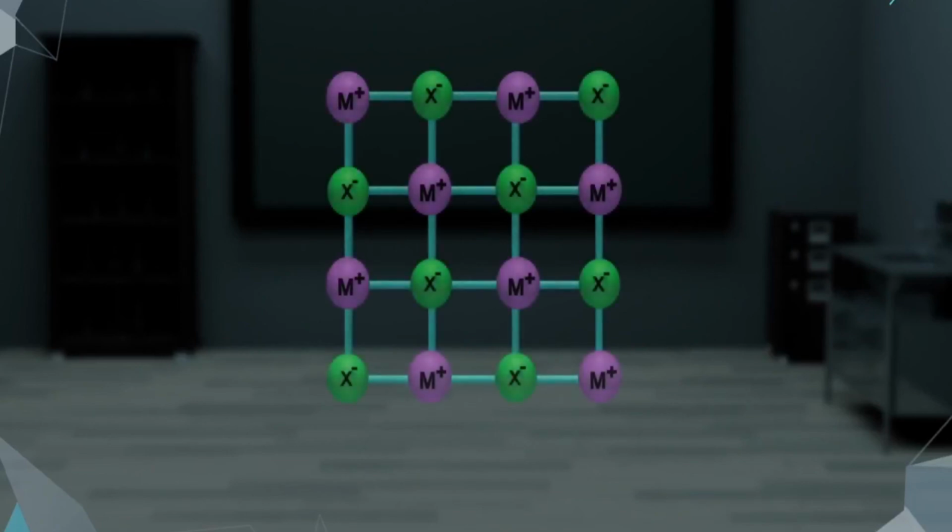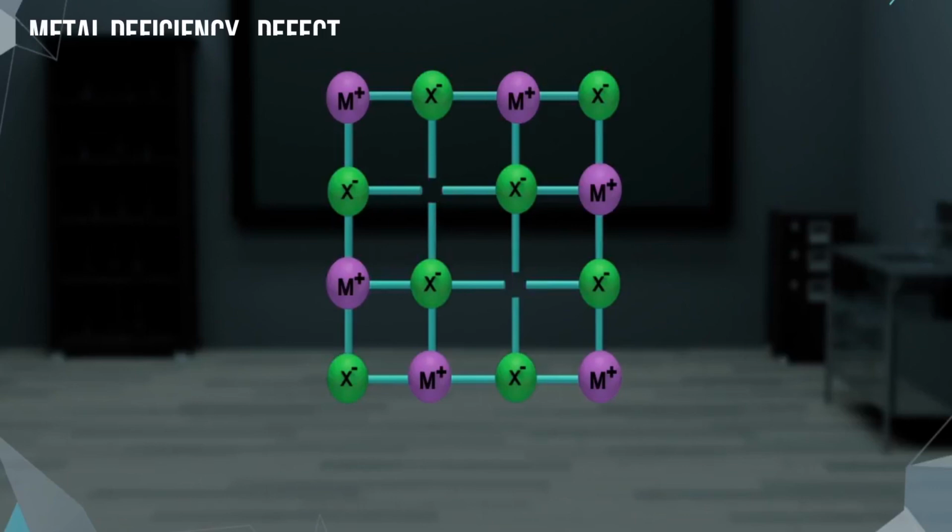Metal deficiency defect: a metal ion which can have a higher positive charge leaves vacant positions. Since the metal ion has a higher positive charge, it only occupies some of the sites and the other sites of the lattice will be vacant. Let's see an example.